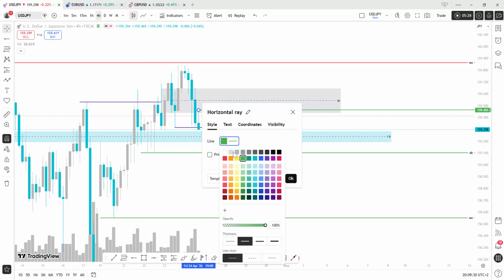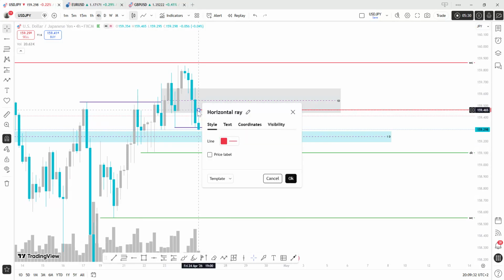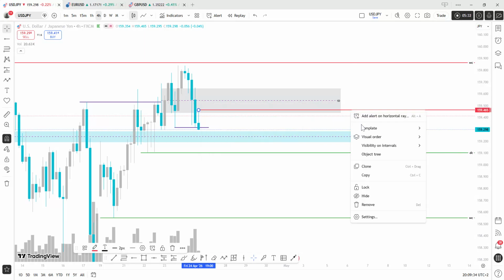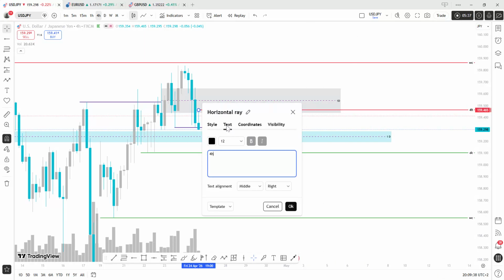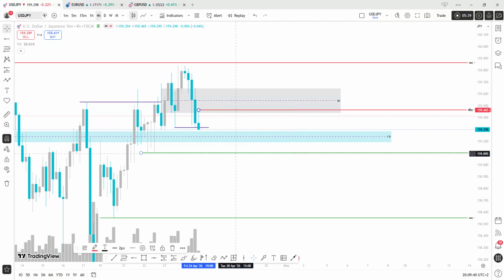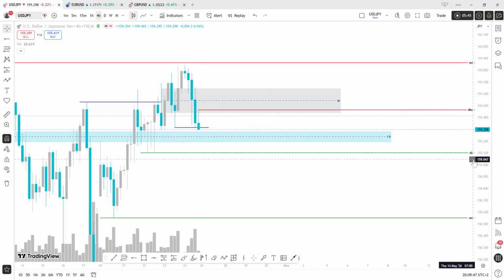Then I'm going to put here, because it's matching very well with the order block, the liquidity from this 4 hour candle.